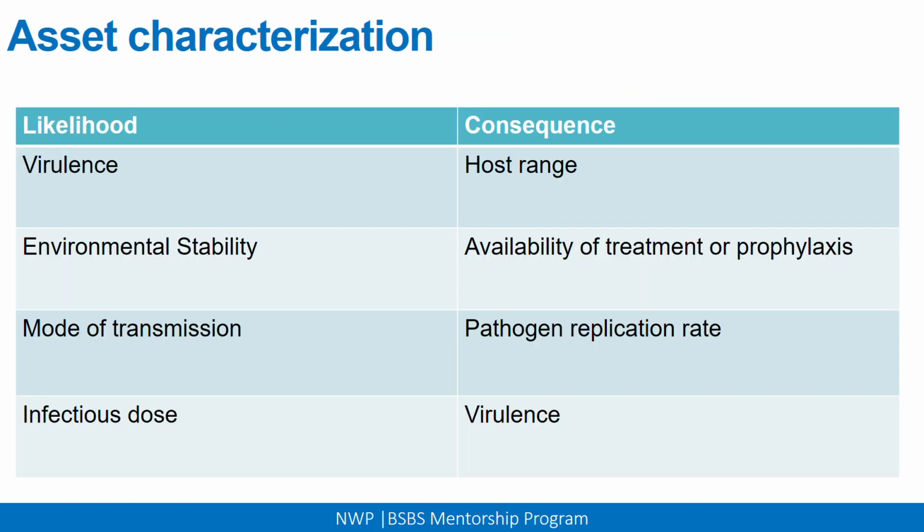So let's look at the asset characterization. What are you doing in asset characterization? In asset characterization, the main goal is to identify the assets that you have in your laboratory. Remember, by definition, biosecurity is the safeguarding of the biological agents that you have in your lab.